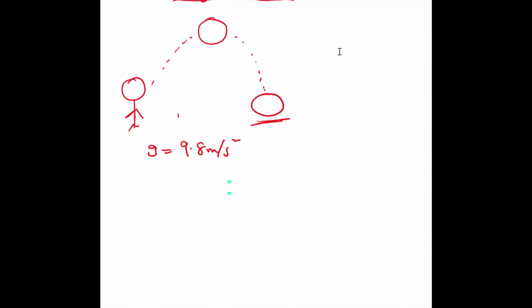Whenever you are resolving the velocity for projectile motion, now I want to talk about the formulas you need to know. For the velocity in the horizontal component, you have ux equals u cos theta. And for vertical velocity, you have uy equals u sine theta.